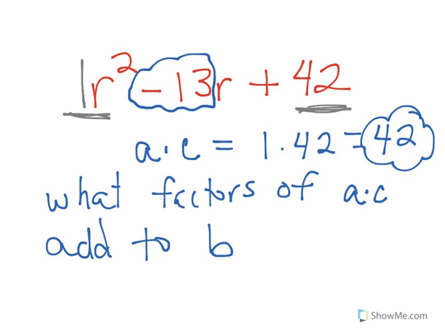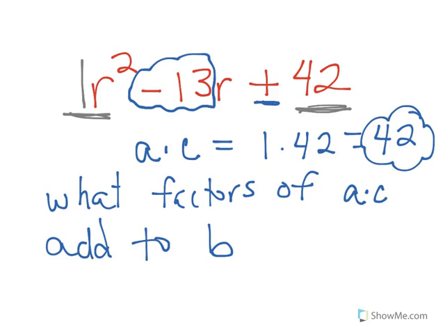The factors are both going to have the same sign, because c is positive. I apologize, my binomial factors will have the same sign, so they're either both going to be positive or both going to be negative. If we look back here, our middle term is negative.